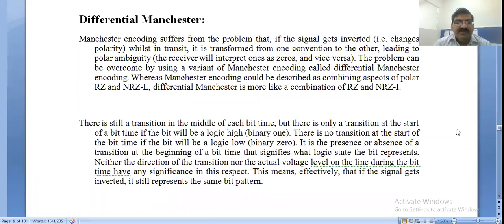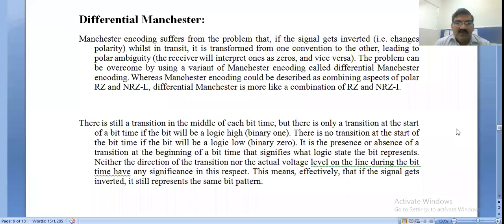There is a transition in the middle of each bit time, but there is only a transition at the start of a bit if the bit will be logic high, that is binary 1. There is no transition at the start of the bit time if the bit will be logic low, that is binary 0.